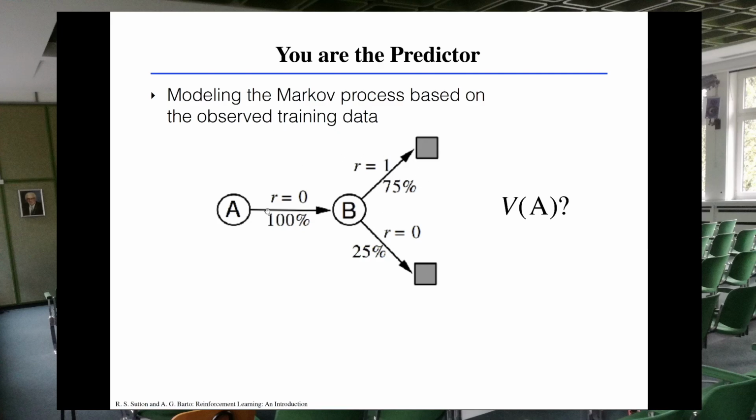So if you analyze this problem using temporal difference, then the value of A will be different, because in the only time that you transitioned from A to B, you got a reward of 0, but you will take some portion of the value of the next state, which is this state B. So in the learning rule, remember, you have gamma times the value of the next state, S prime, and this value here is 0.75.